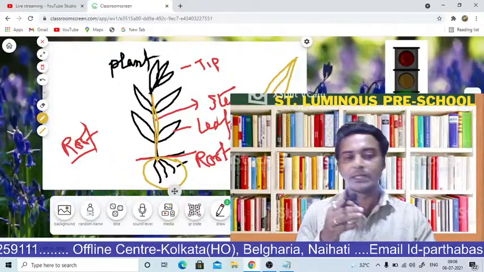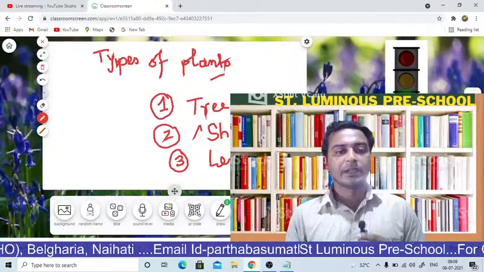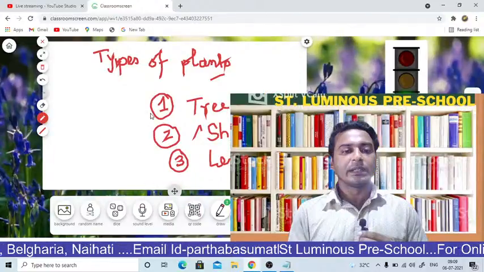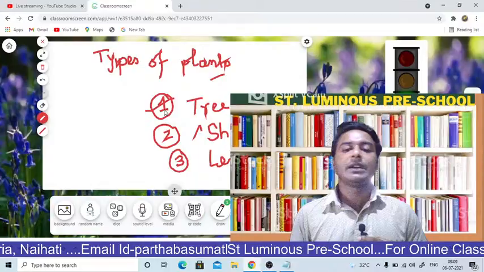Look here, the tree is the tallest plant in our plant kingdom. The height of the tree is generally the highest, tallest, timber producing, so you can say this is a tree.